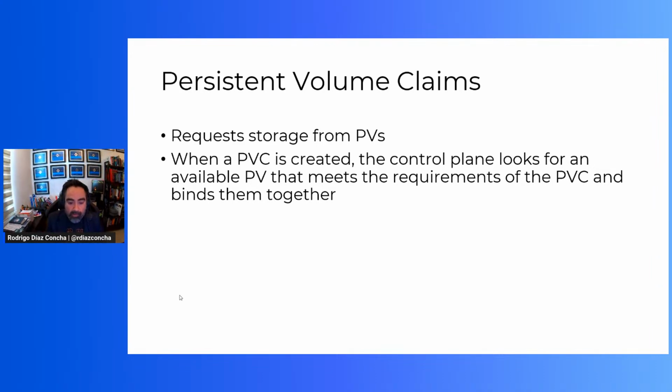So when you ask for this, when the claim is created, the control plane will look for an available PV or persistent volume that meets the requirements that you're specifying in the PVC. Okay, so it's just a way of ensuring that you have this minimum request, this minimum resources in your request.